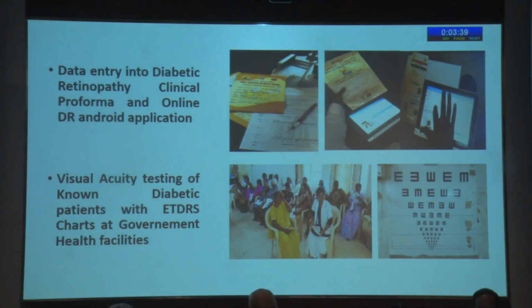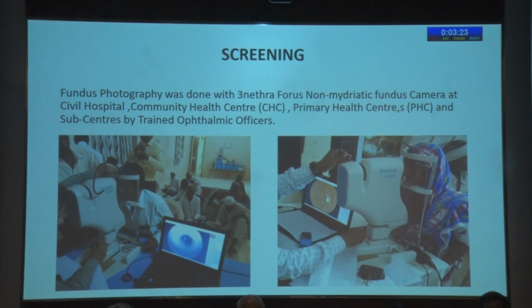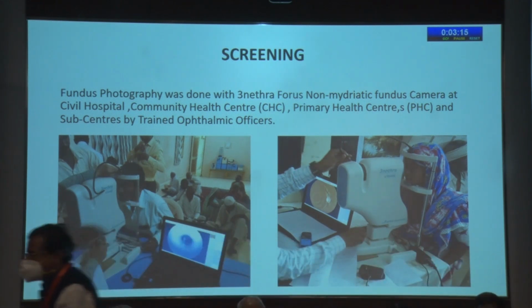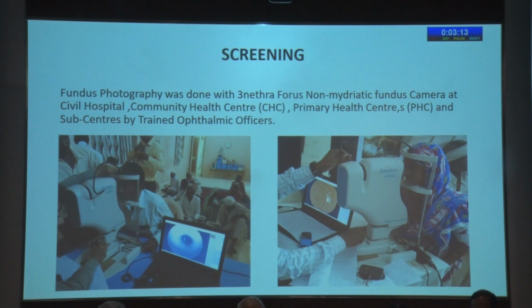As you can see, data entry was done in a pre-designed clinical proforma and online digital software, which was then uploaded on cloud-based data entry software. Visual acuity testing of patients was done with the help of ETDRS at the government health facility. The fundus photography was done by the trained ophthalmic officer at the government health facility, like community health center, primary health center, and even in sub-centers.